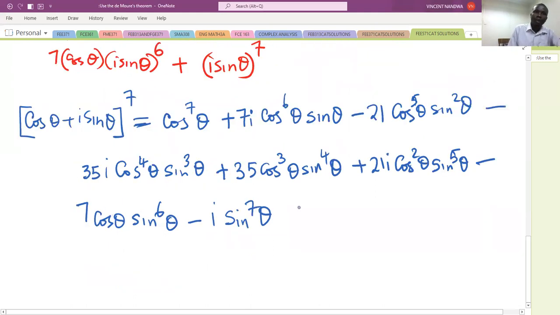So don't forget that this is the same as cosine of 7 theta plus i sine 7 theta.